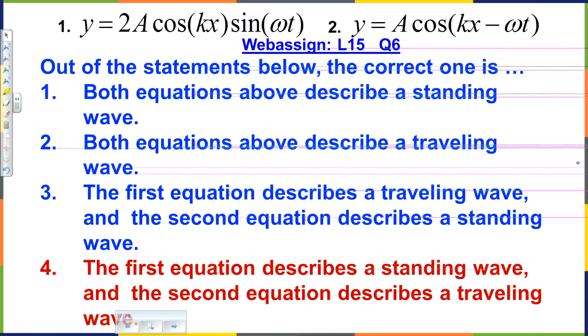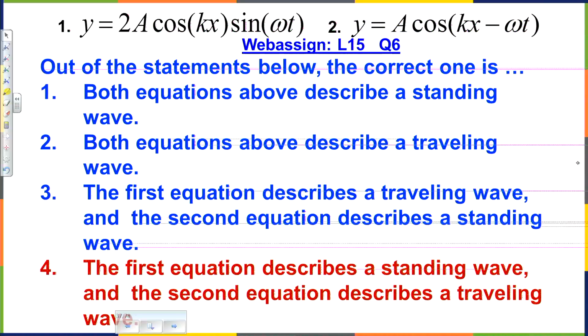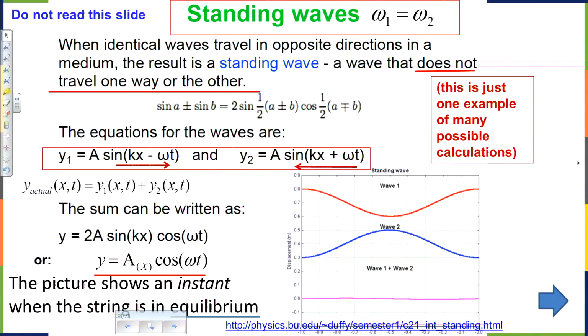And again, sine or cosine doesn't really matter. Could be sine and sine or any variation. So again, that's what could have been done. And traveling and traveling makes it standing.